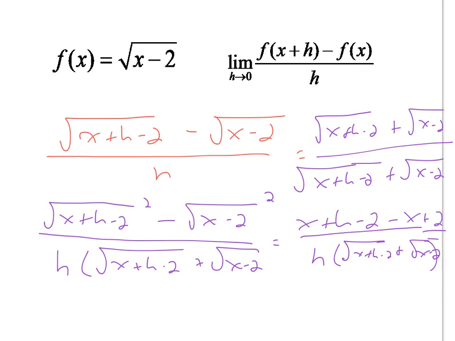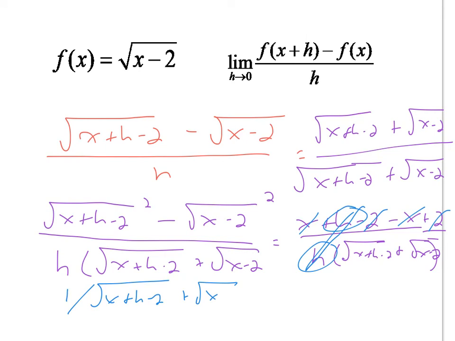Up top we can now see my x's are going to go, my 2's are going to go. That leaves me with an h, both top and bottom, so I'm going to cancel those h's. So I'm left with 1 up top over radical x plus h minus 2 plus radical x minus 2.